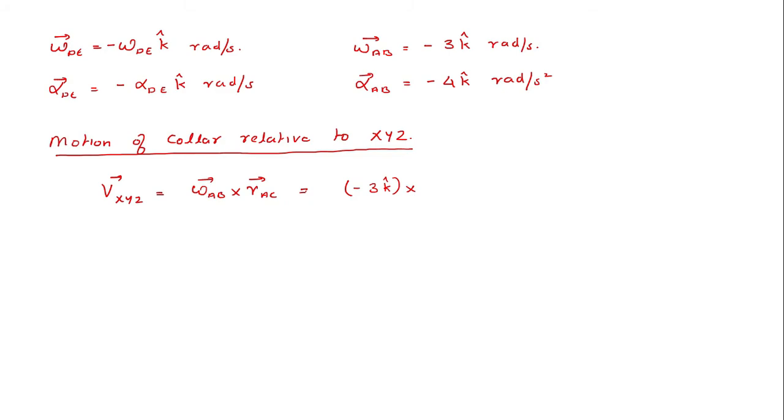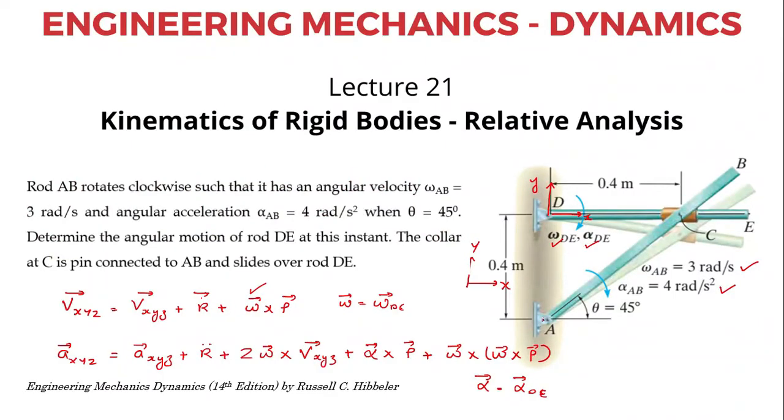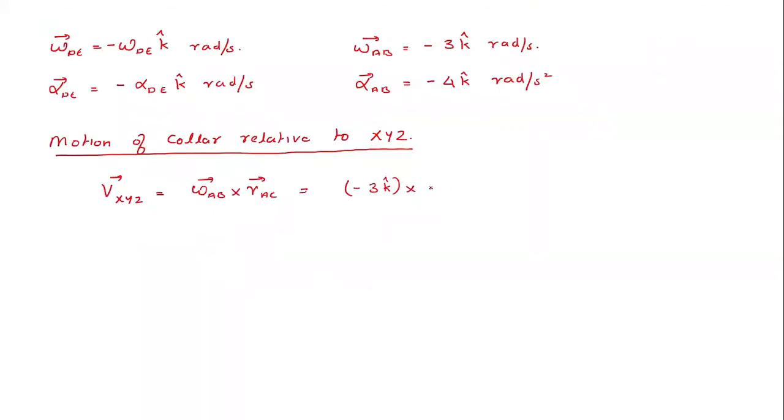If you see the figure here, with respect to point A, the collar C at that instant of time will have coordinates along the x-axis as 0.4 and along the y-axis as 0.4. So RAC is equal to 0.4 I cap plus 0.4 J cap. Now if I solve this, I would get 1.2 I cap minus 1.2 J cap.